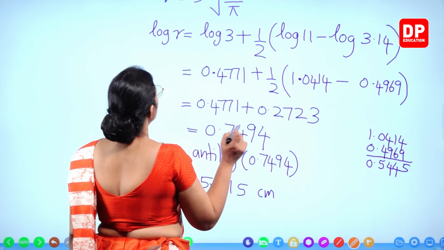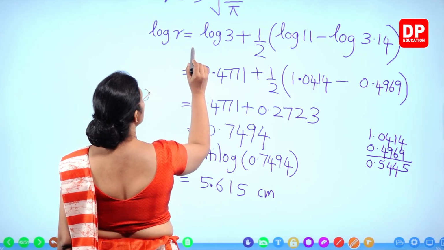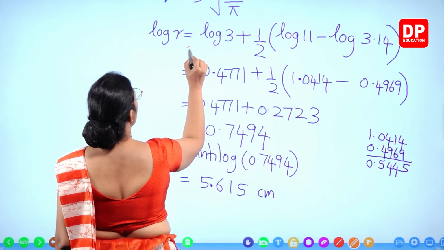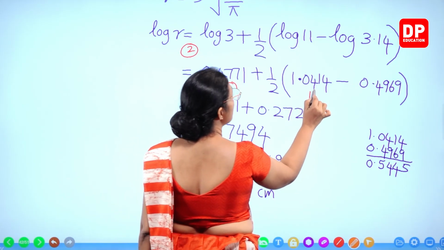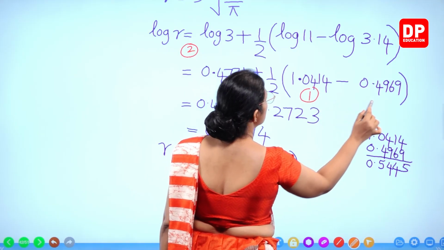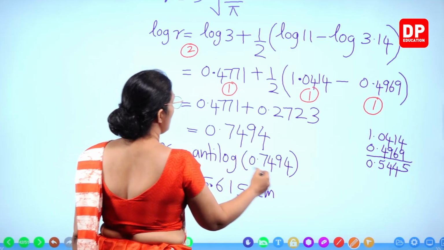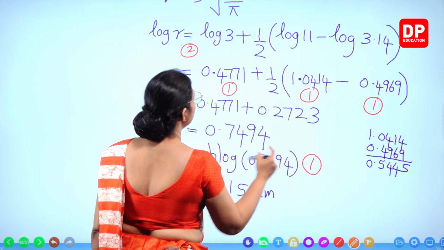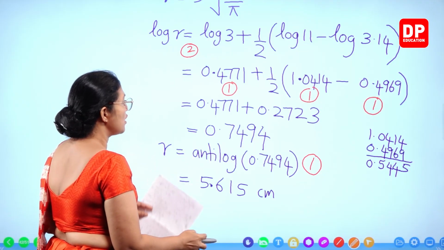So we'll give, writing in log terms, you can get 2 marks. Then 1 mark for this, 1 mark here, and 1 mark here. And then taking all these values, 1 mark. So 6 marks altogether.